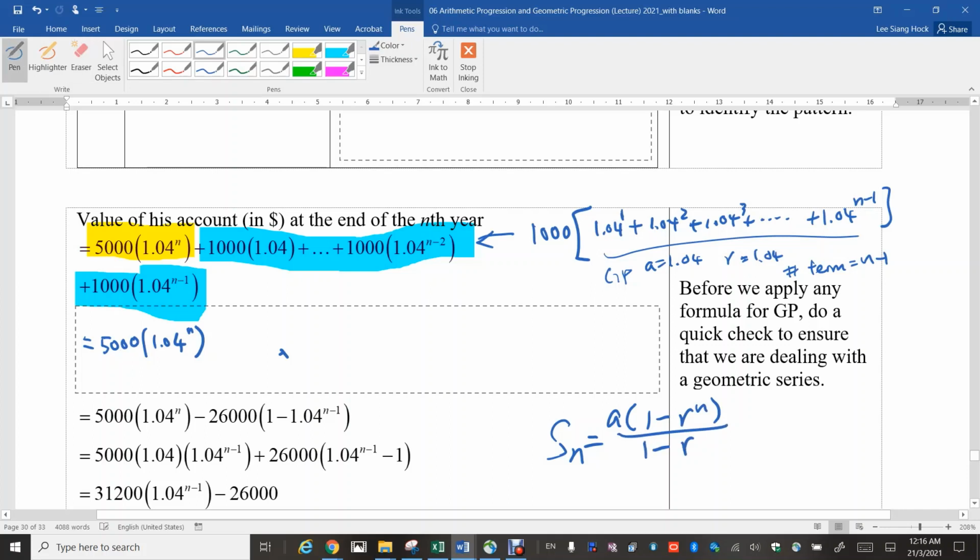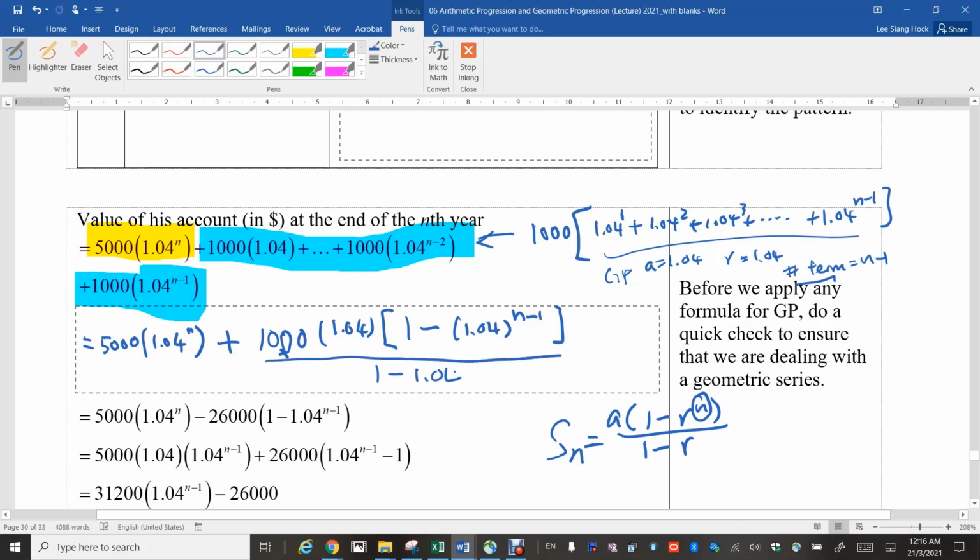So the second part will be plus 1,000 multiplied by a, which is 1.04, multiplied by 1 minus 1.04 to the power of the number of terms. The number of terms is n minus 1, so it's n minus 1. Do not be confused. Divided by 1 minus 1.04.